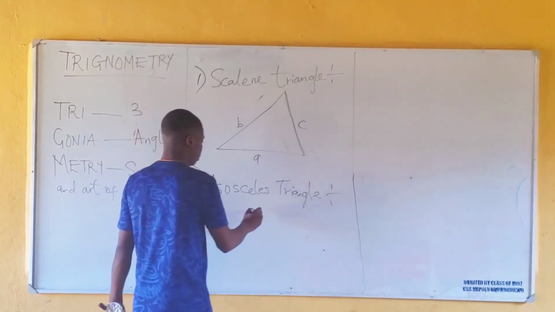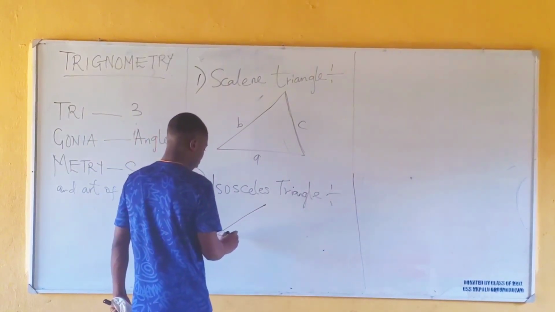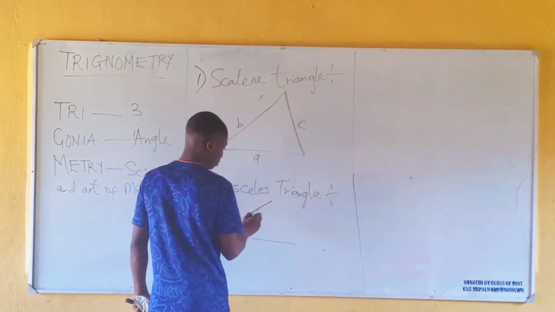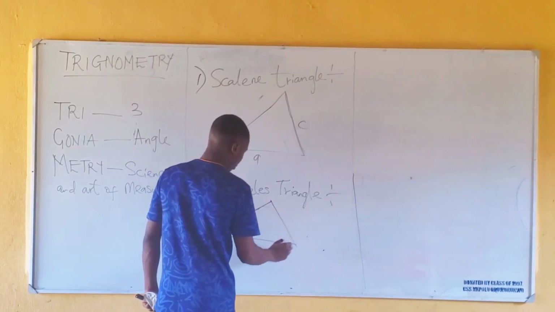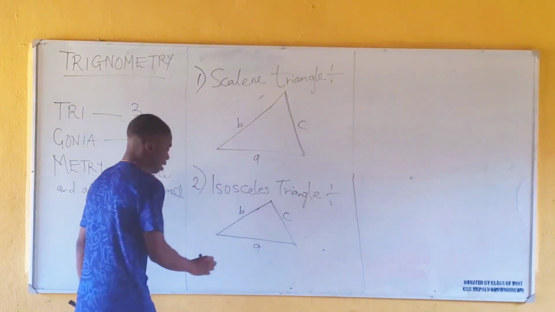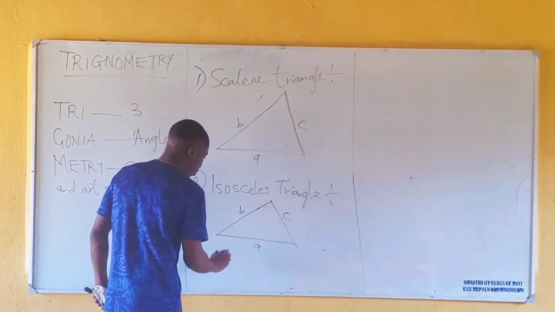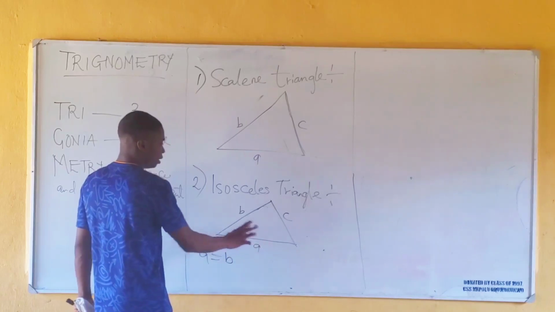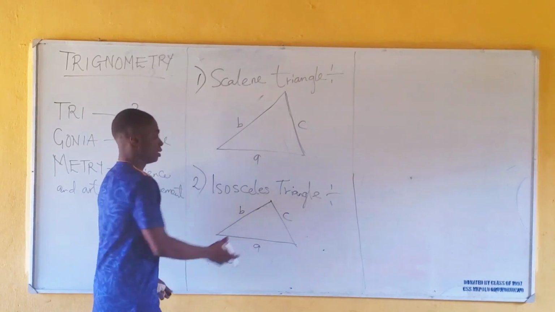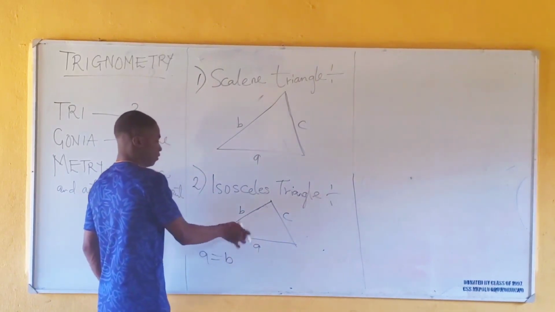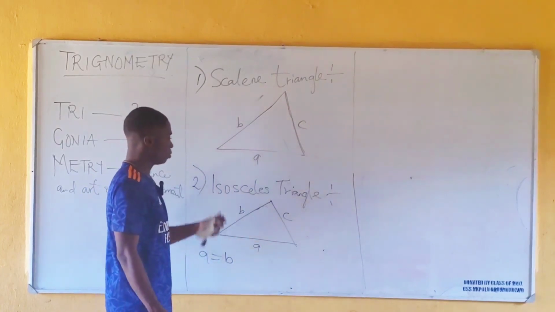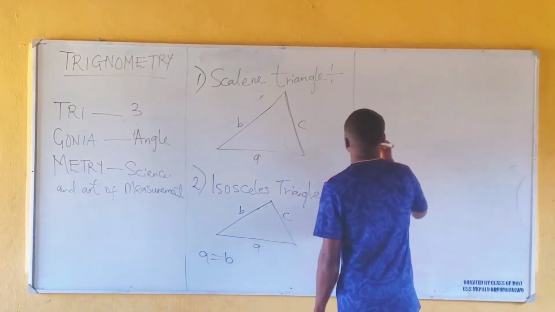So we have here, this is A, this is B, and this is C. Now, A is equal to B. The length of A is the same as the length of B. But then the length of C differs. The length of C is less than the length of A and the length of B. So only A and B are equal, which makes it an isosceles triangle.